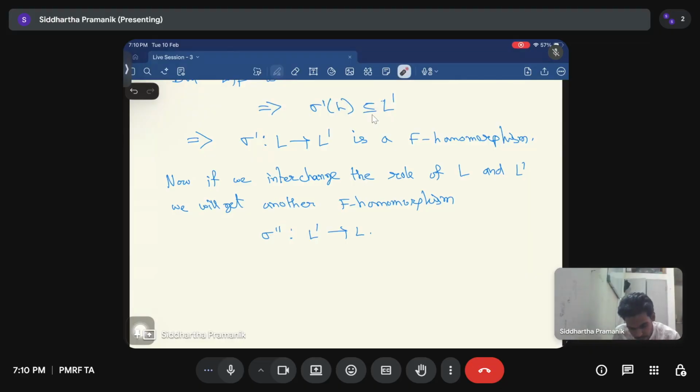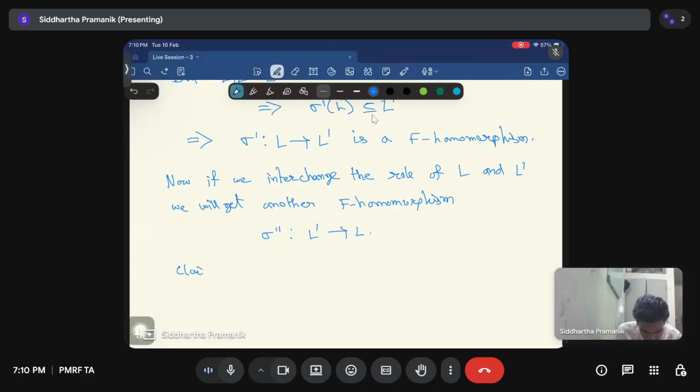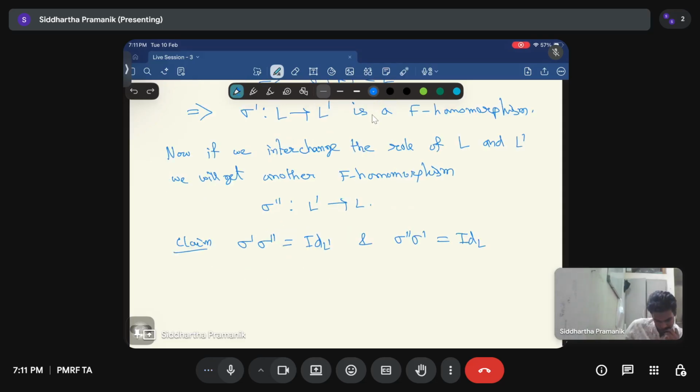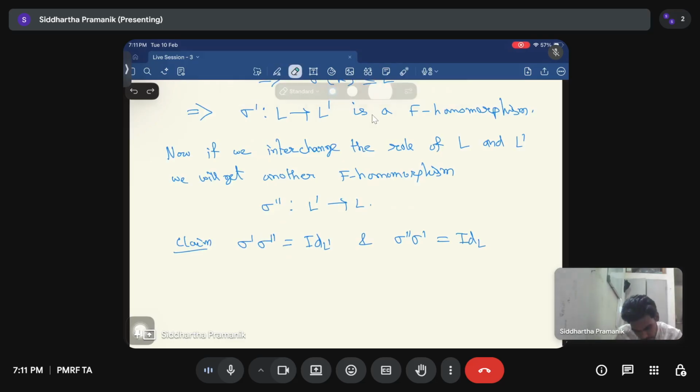So how to do that? Now the claim is sigma prime composed with sigma double prime. So it is a map from L prime, right? So it is the identity map on L prime, and sigma prime is the identity map on L. Sorry, we don't need identity, we just need bijections.